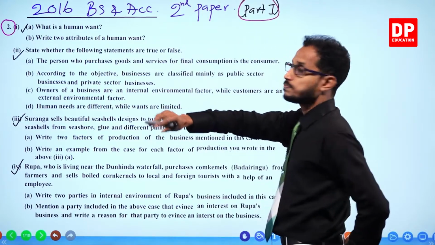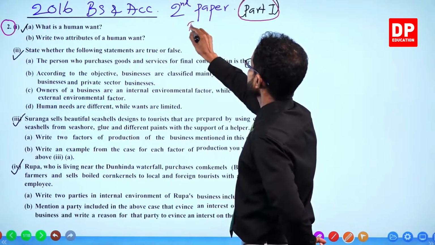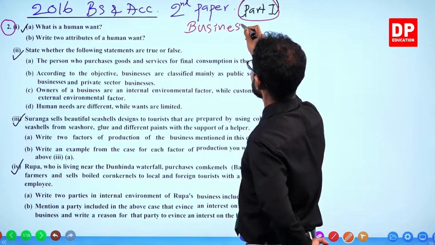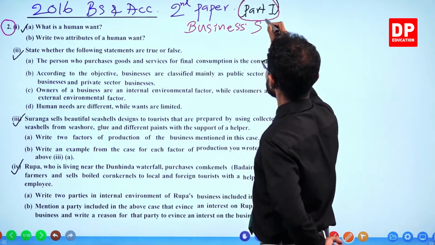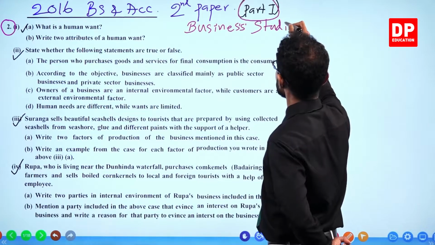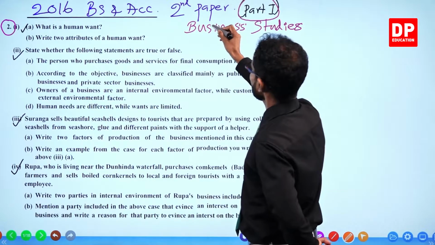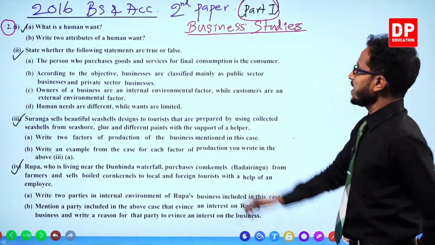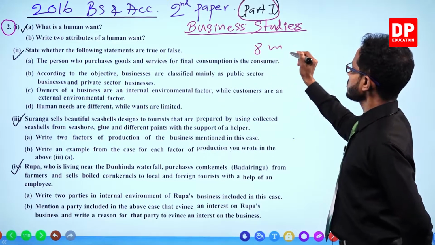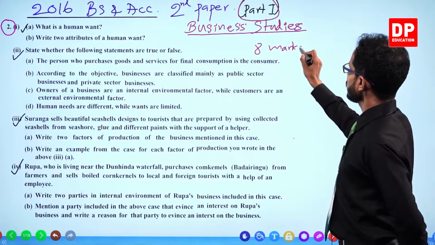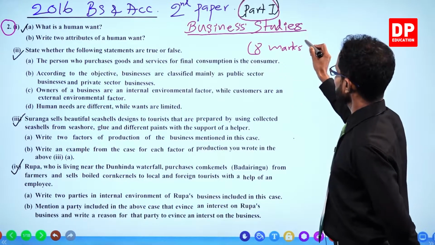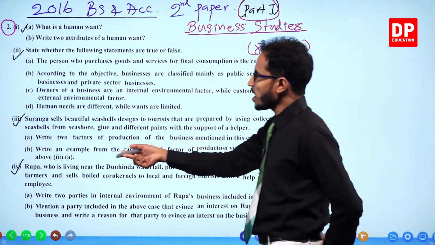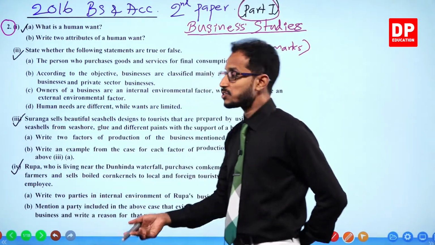This is part 1, children. Business studies part. 8 marks for the 4 subparts.